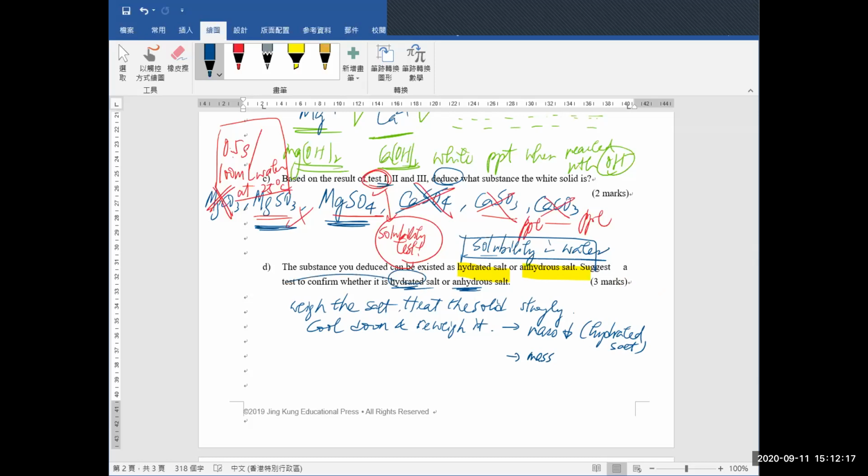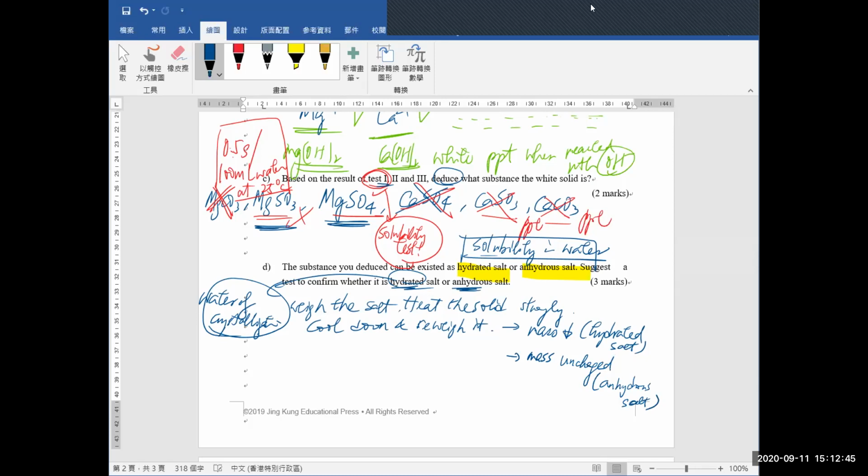So remember, this we call water of crystallization. How about anhydrous salt? Anhydrous salt has no change in weight. Unchanged, so we call that anhydrous salt. Agree?